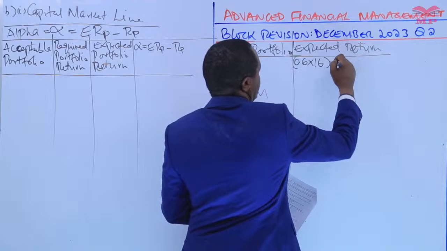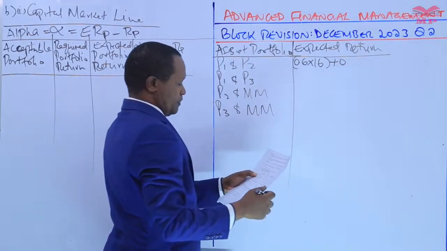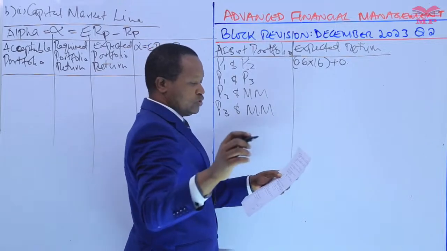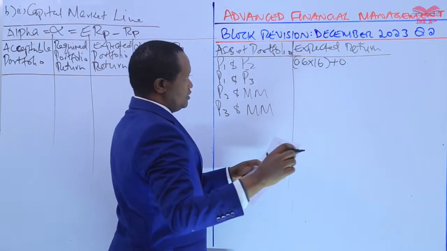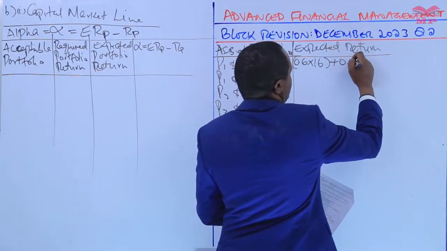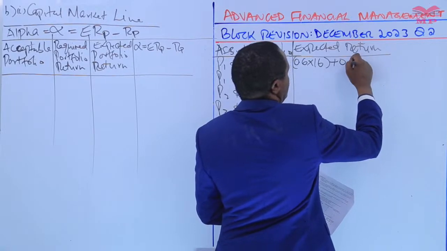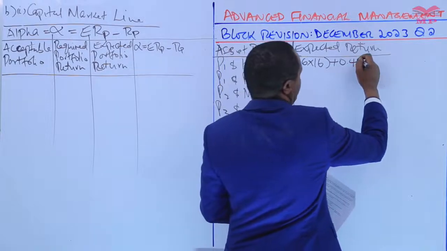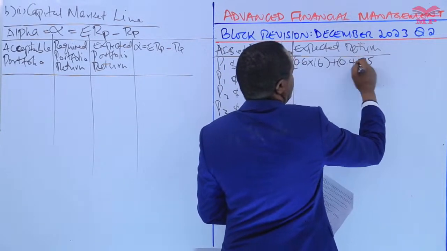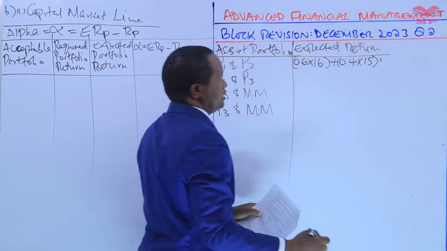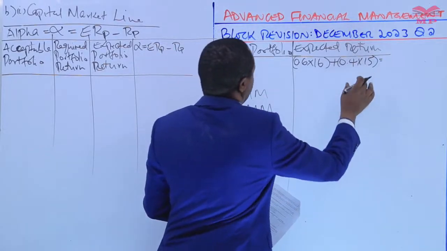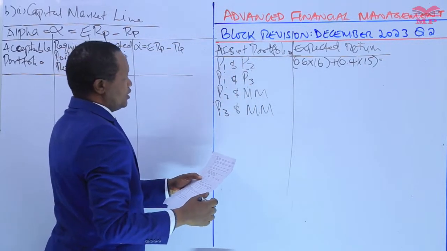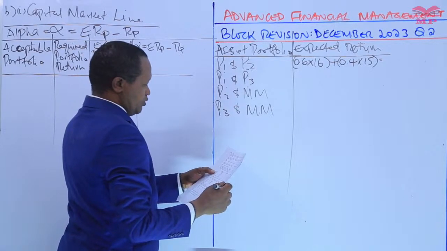We add the weight for project 2, which will be 2 over 5, which is 0.4, times the forecasted rate of return for project 2, 15%. That will give us the expected return for the portfolio. We do the same for project P1 and P3.